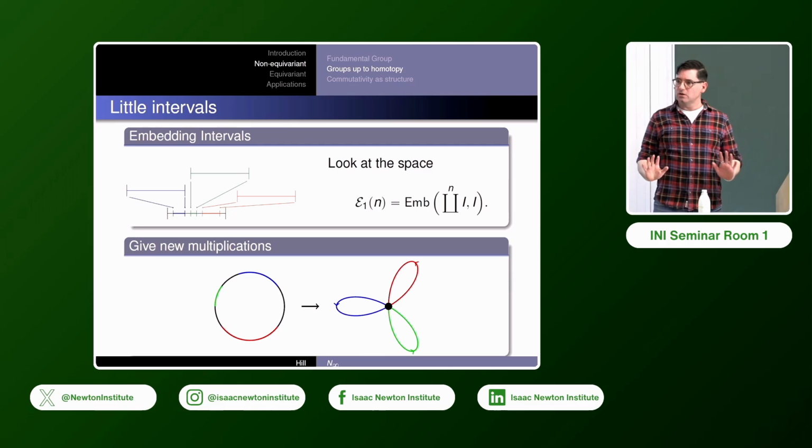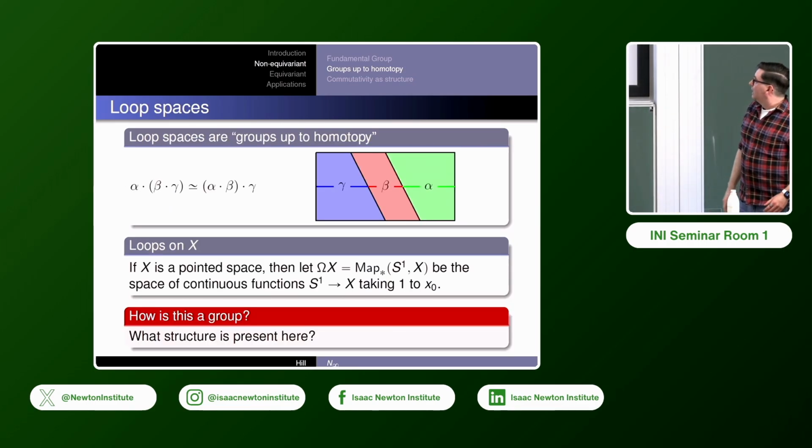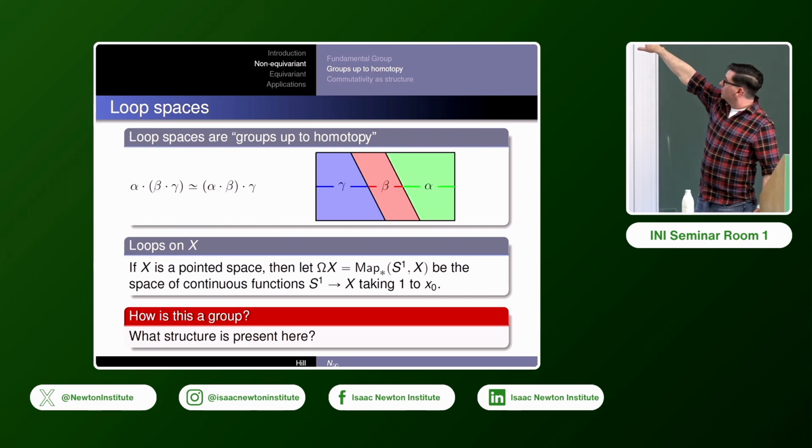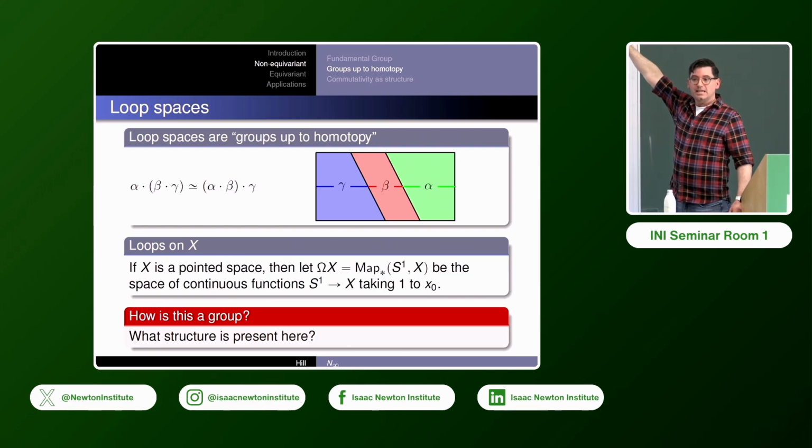So this is what I saw with associativity, and I'll just jump back. Here I had two distinct ways to embed three intervals into one. I embedded them in as 0 to a quarter to a half to 1, and then I had 0 to a half to 3/4 to 1.